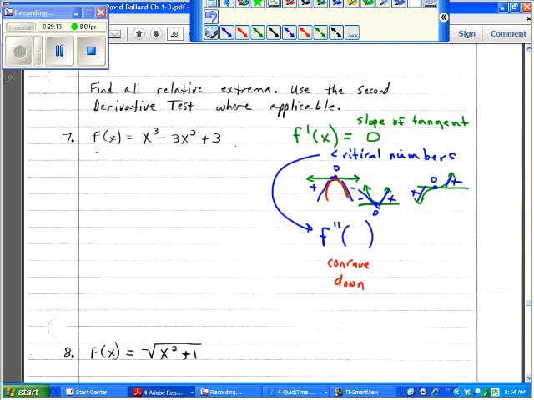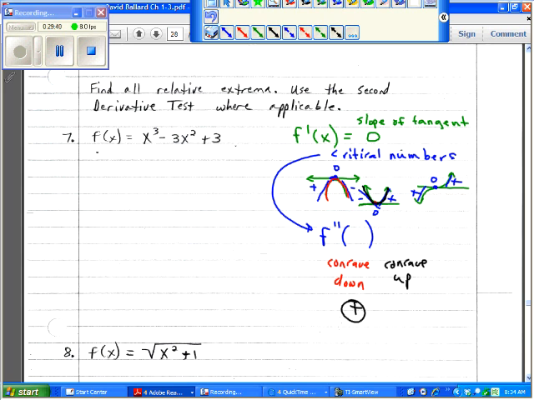What if I took this point and plugged it into the second derivative? It's going to be a part of a concave up. In other words, the second derivative is going to be positive at that critical point.